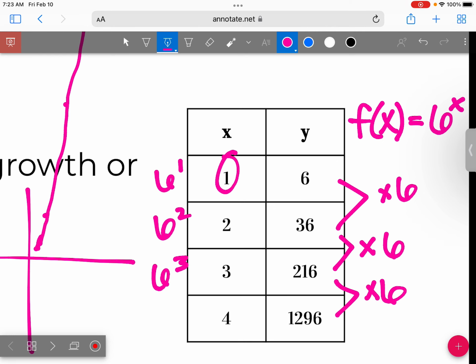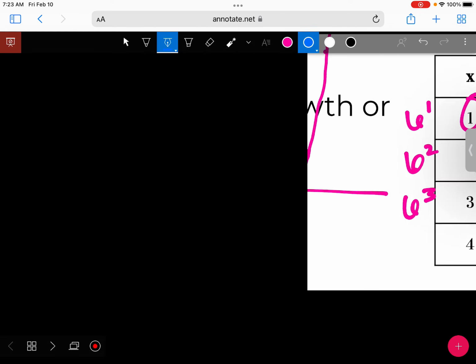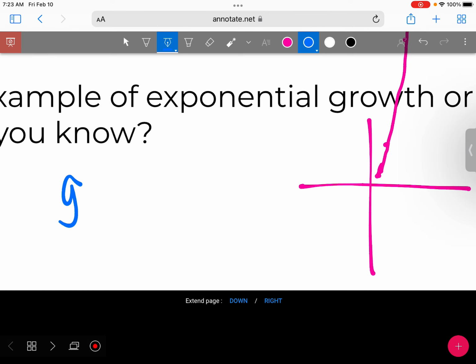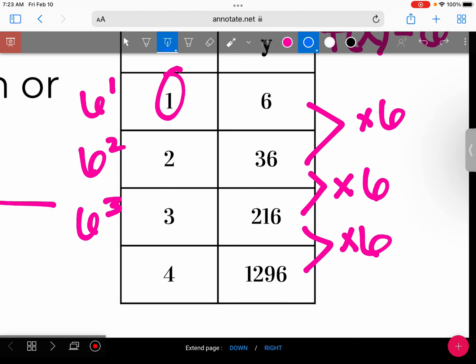So the easy way to tell whether or not it's growth or decay with just the table, though, well, is this growth or decay? Growth, it's growth. But the way to tell with just looking at a table is as x goes towards infinity. So here, x is growing, right?